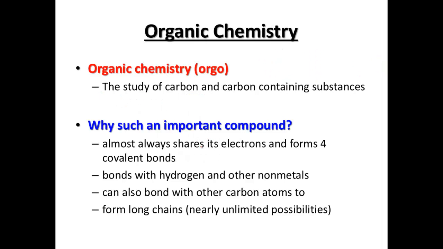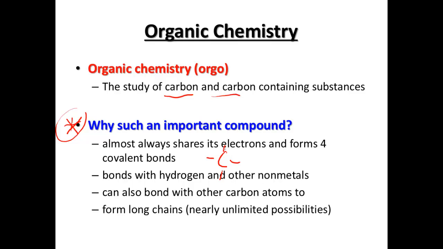A lot of times organic chemistry is going to be abbreviated Orgo. It's the study of carbon-containing substances. And this is key. Why is it so important to us? Almost all carbons want to make 4 covalent bonds.